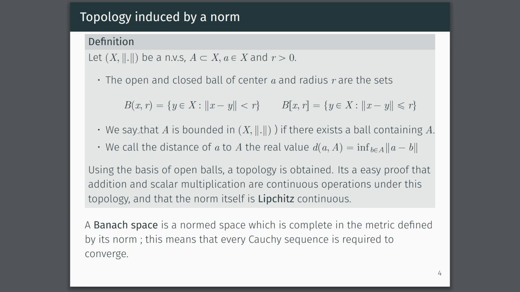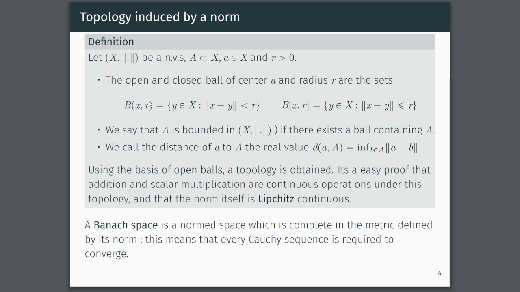Okay, and these balls usually have very nice properties. Essentially, you can prove that they are convex in many cases. Okay, that's why normed vector spaces are really important, because they have convex balls. In a more general setting, this need not be the case. So you need to talk about local convexity in that case.